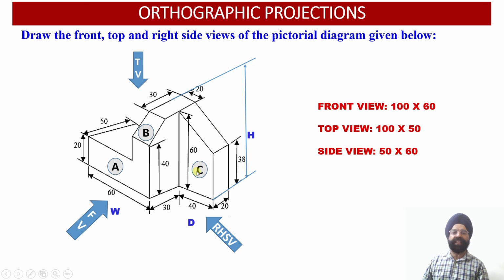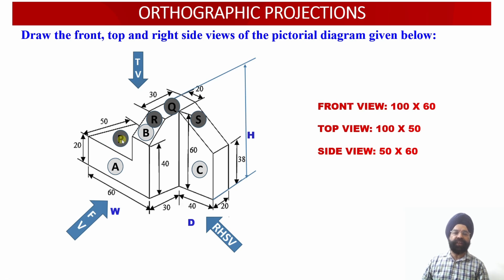Now let us look at the solid from the top. Once we are looking at the solid from the top, four surfaces will be visible to us. Surface number one will be a rectangular face corresponding to this lower block. So this is the lower block of this particular solid, right? So this will be our surface P over here.